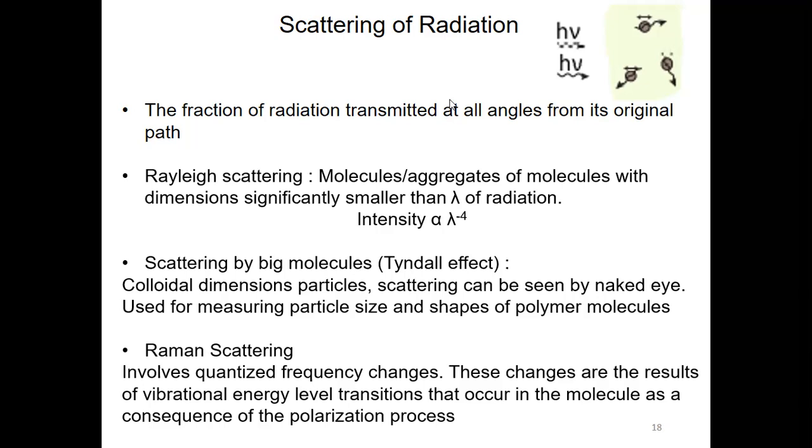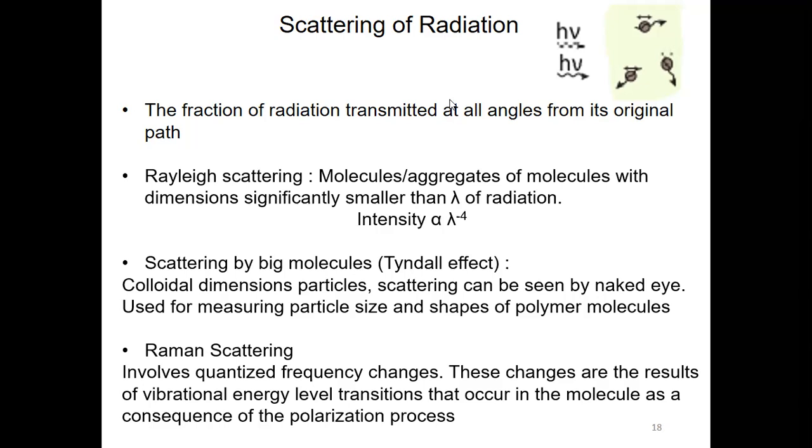So normally we call it UV absorption, but when we take the UV spectrum, it is not only absorption, it has both absorption as well as scattering. Therefore, the correct terminology is UV extinction, right?